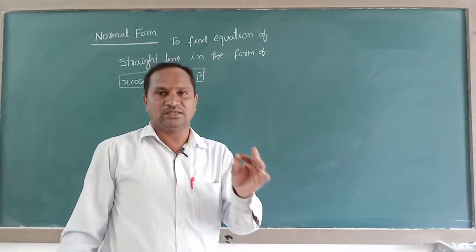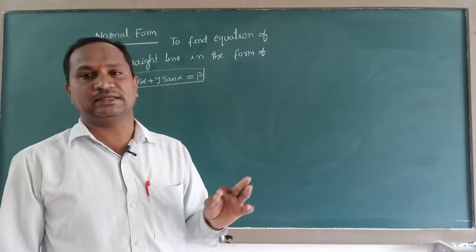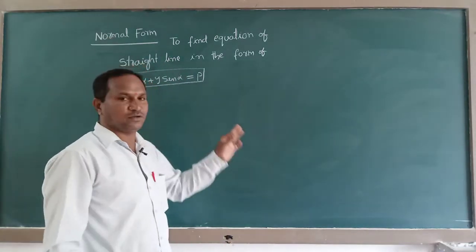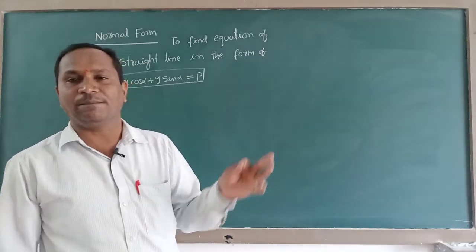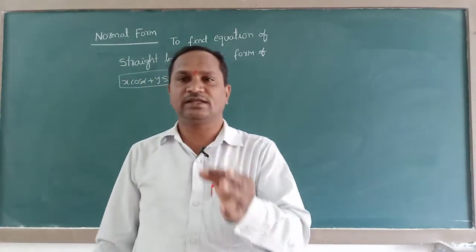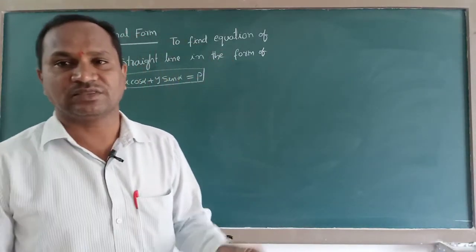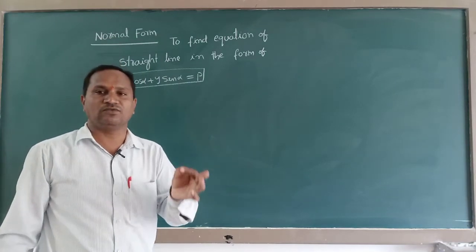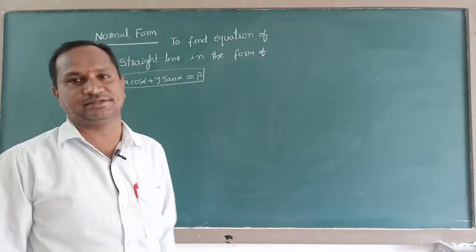That means if the angle and length of the perpendicular are given, at that time we have to apply this formula to find the equation of straight line. This form is called normal form of equation of straight line.